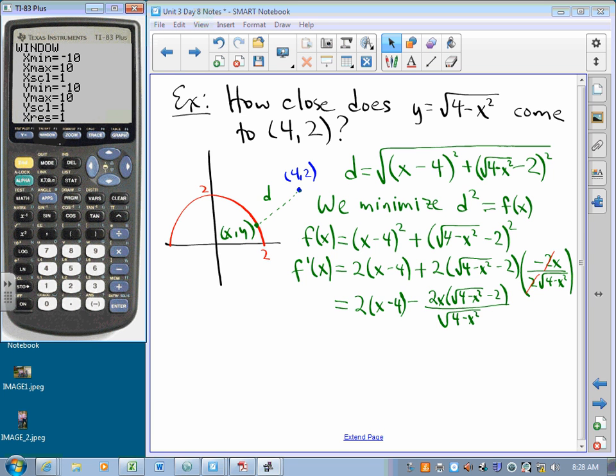What's our window? Our window is going to run from negative 2 to 2, even though we're pretty sure it really only should run from 0 to 2. And the distances aren't that big. So let's see. Yep. And we're going to find a root.